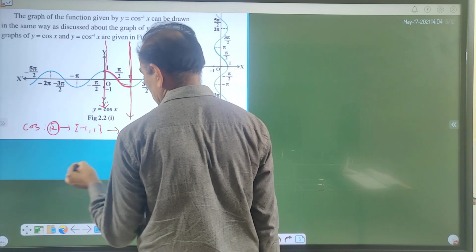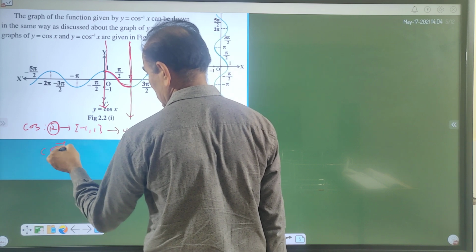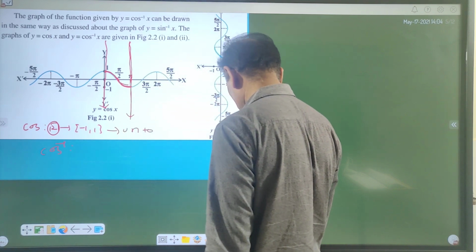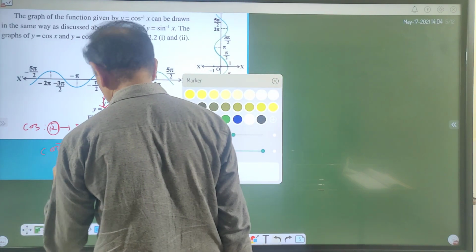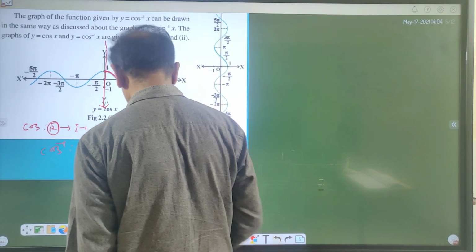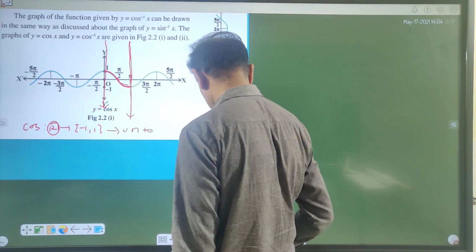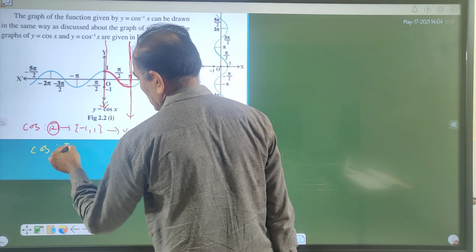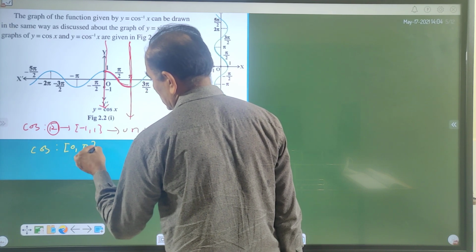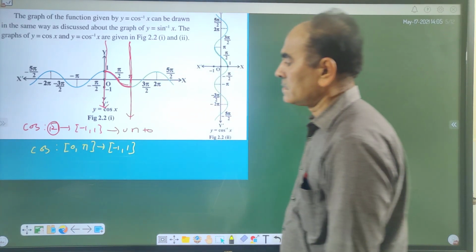So we can write here cos inverse. Then if we repeat this function, let's restrict the domain of this function. Cos from closed interval 0 to pi to closed interval minus 1 to 1.